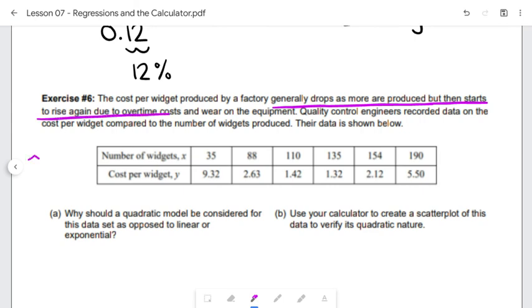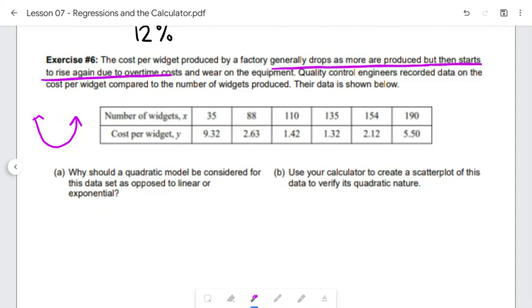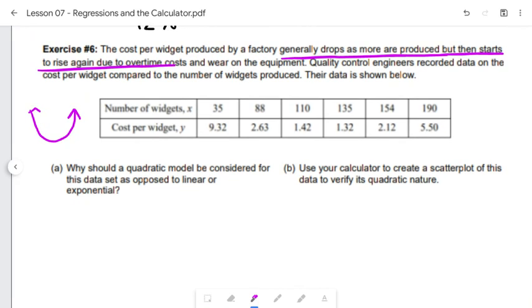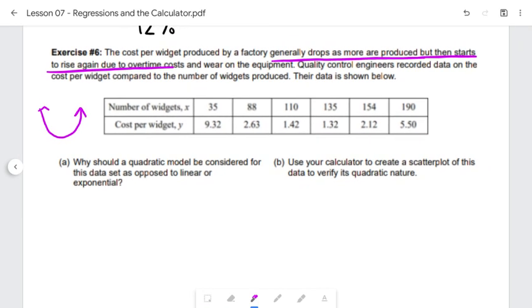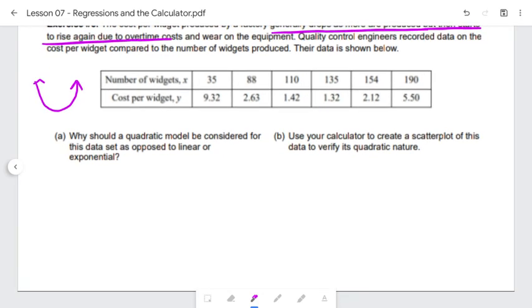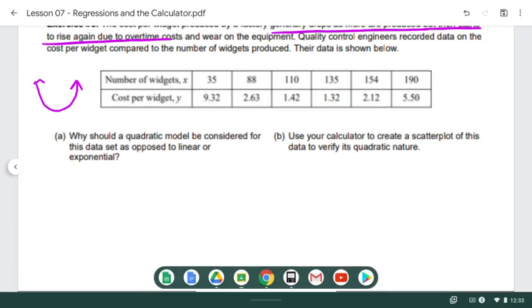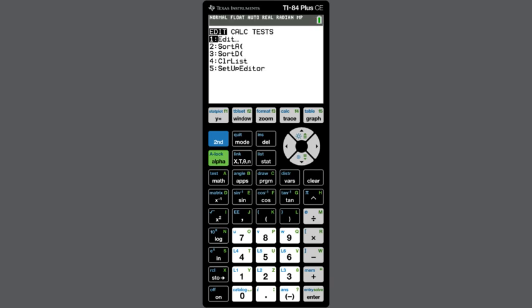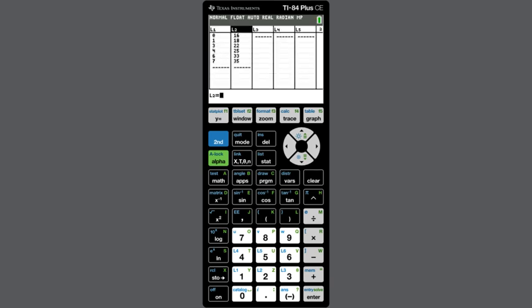So it's like one that's going low and then high, that's always quadratic. I could look at the data and we could verify this. And I'm going to show you again how to use our scatter plot. So let's clear out our data. I hit the up arrow, clear, then down.